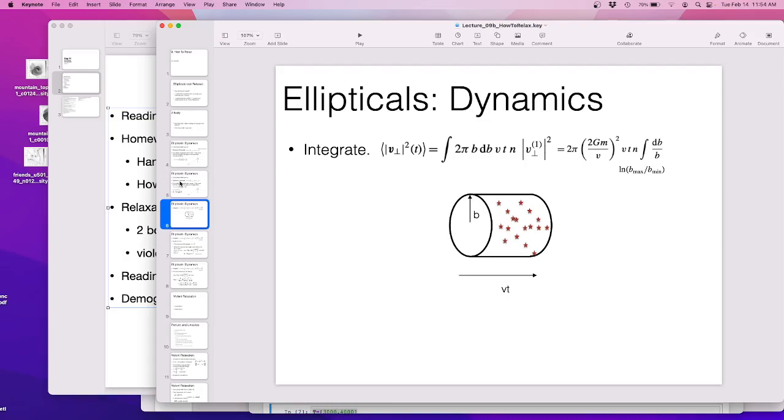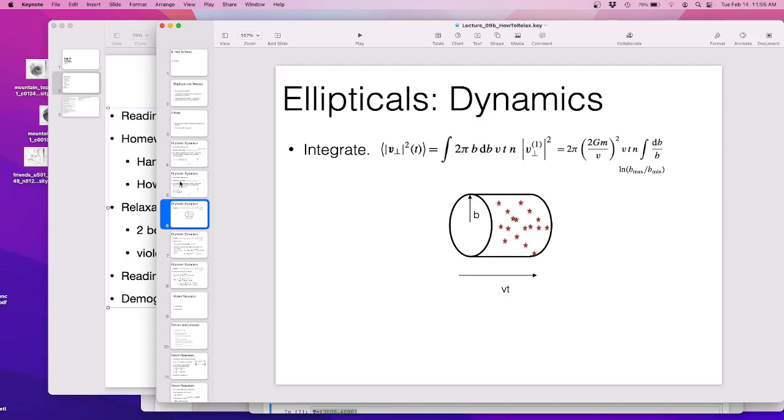Let's say I'm going on a path through my star cluster, and I'm going to see things out to a distance of b. My star is traveling like this, and I have to worry about a number of stars within that region, set by v times delta t, the total length that I'll travel. So I just need to do an integral.